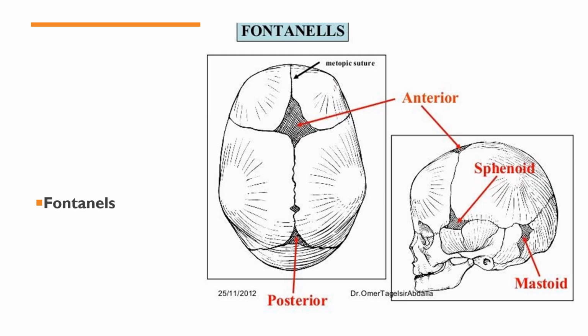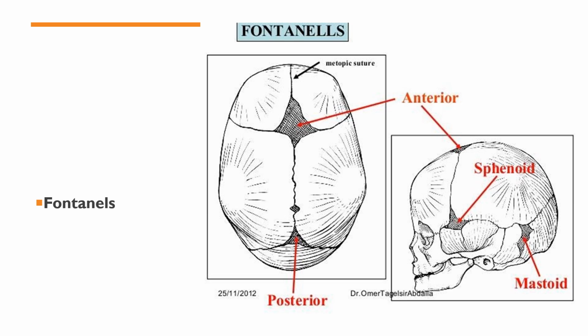We have the fontanelles, and the fontanelles are membranes of unossified gaps between the large bones of the skull. We have the anterior fontanelle and the posterior fontanelle. The anterior fontanelle closes in the infant at the age of 18 months, and the posterior fontanelle closes at the age of 1 year.